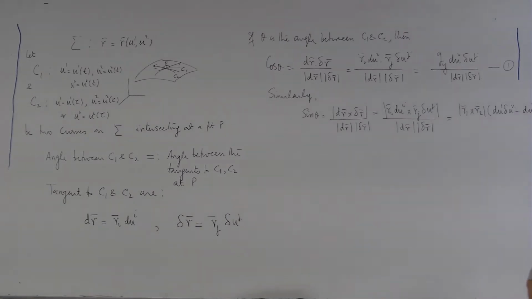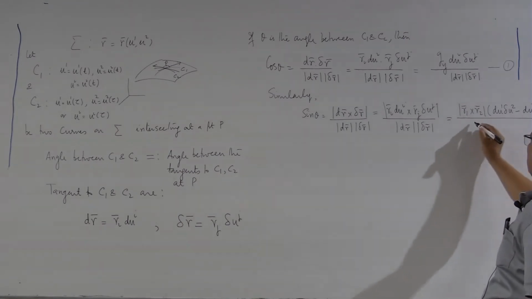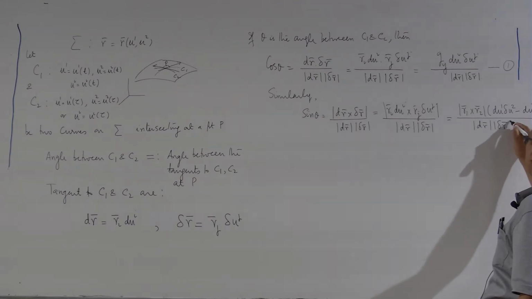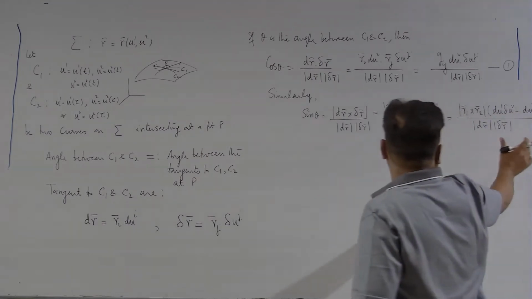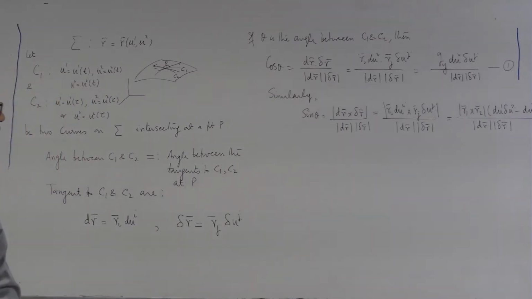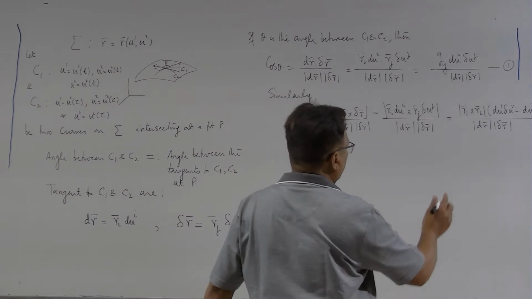You can check it when you compute the cross product. Keep in mind the signature, it will be this much upon modulus of dr into delta r. Whether this much is visible in the book? Okay. So sin theta is this much, you may call it number 2.